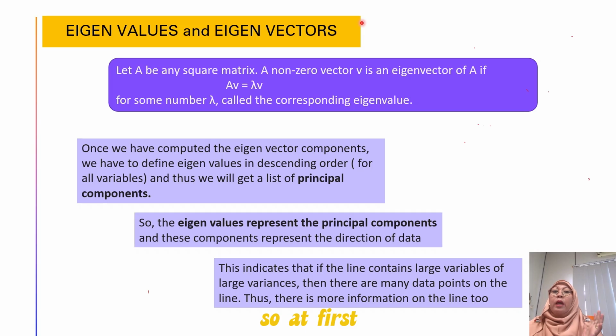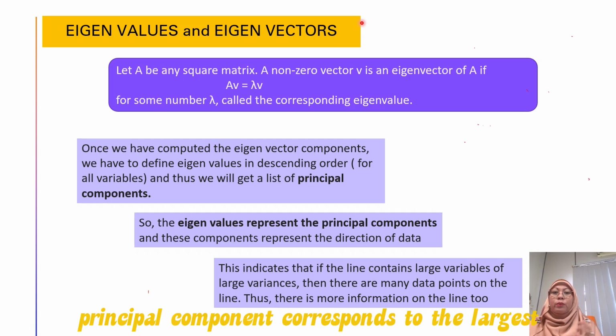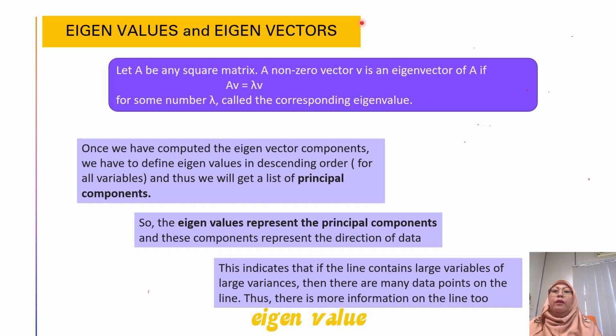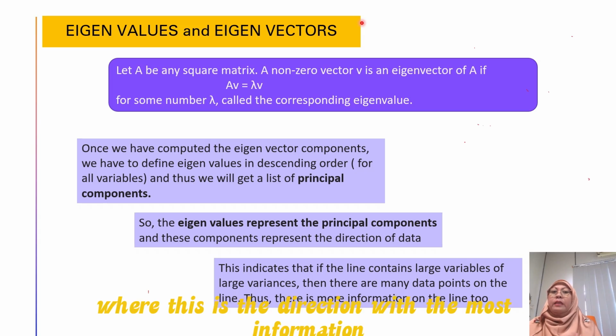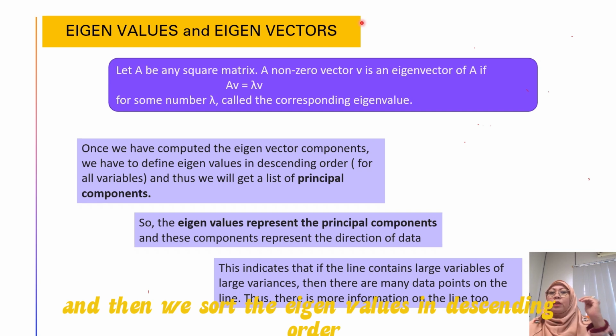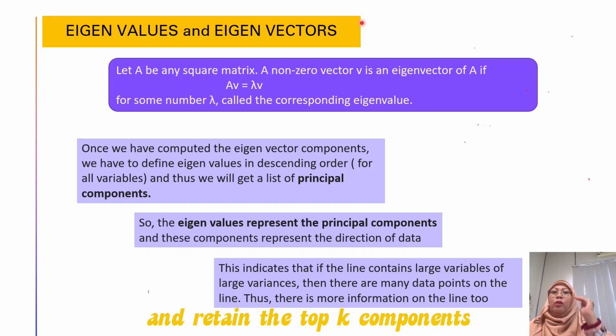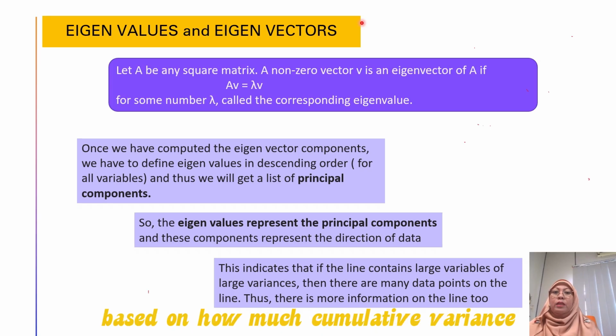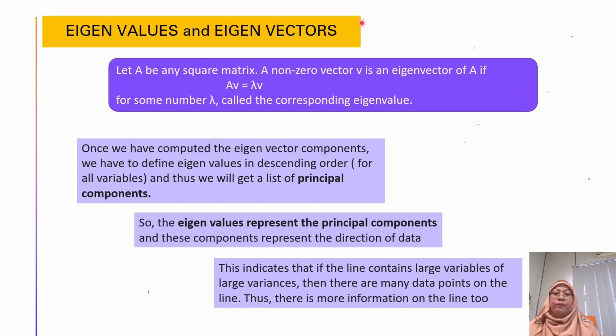The first principal component corresponds to the largest eigenvalue, which is the direction with the most information. Then we sort the eigenvalues in descending order and retain the top k components based on how much cumulative variance we want to preserve.